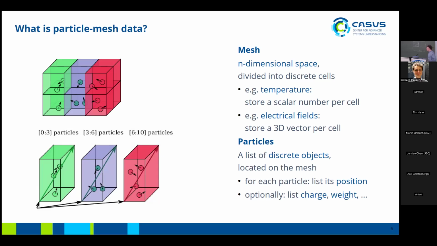On the other hand, particles, like I said, are discrete objects that have positions on that mesh. And for each particle type, you need to list the position, and for numerical reasons also the offset of that position, but you can optionally list more things that you want to describe or store.